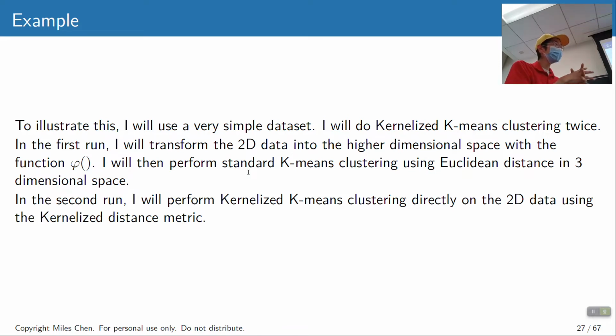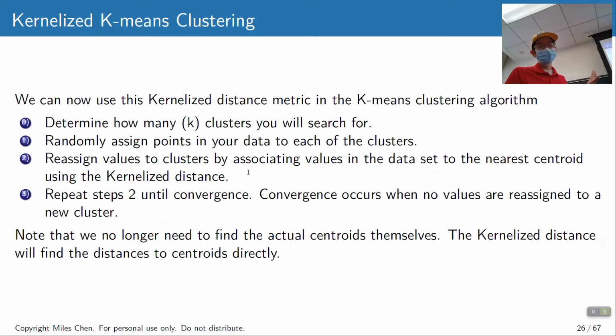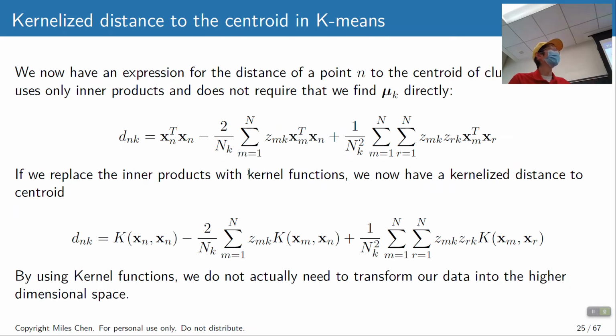I don't know if this is convincing, but the point of it is to try to convince you that this formula is actually accurate, that we can get the distances to the centroids even though we didn't actually calculate the centroids themselves.